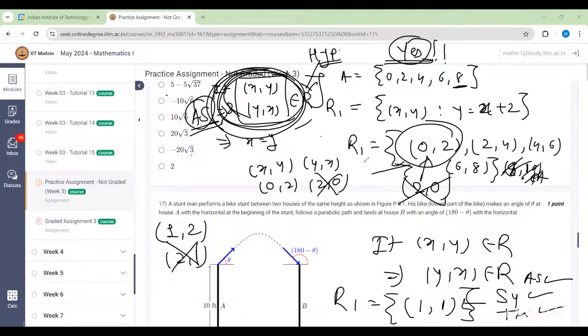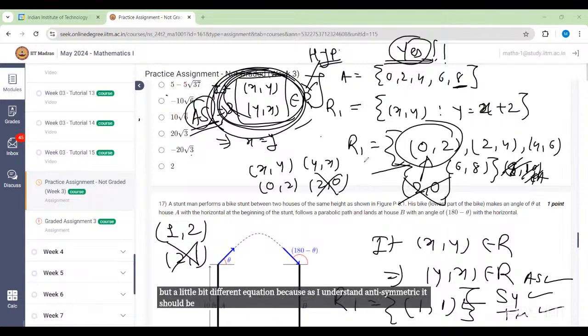But it's a little bit different, because as I understand, antisymmetric should be like identical. So as of now we can say, but here (0, 2), both are different, and as I think, it is a line segment, it can be formed, so both are the same point, so both are related, so I conclude it is antisymmetric.